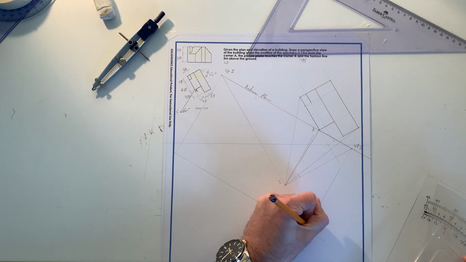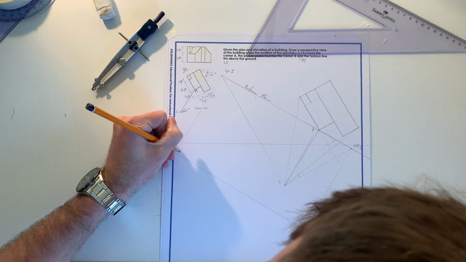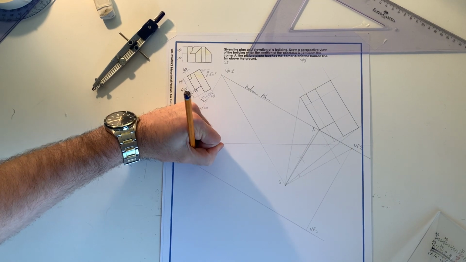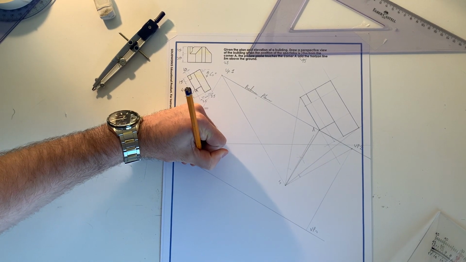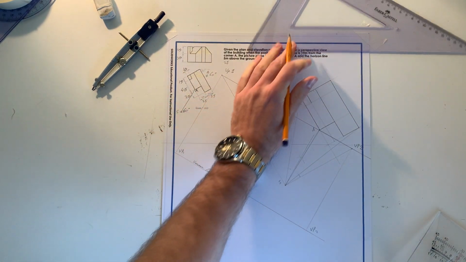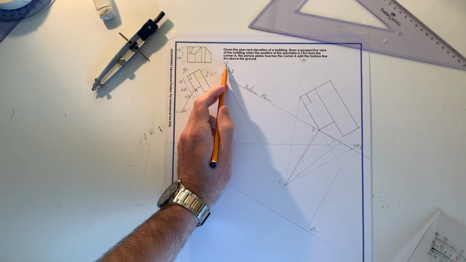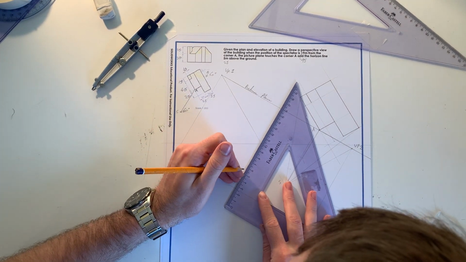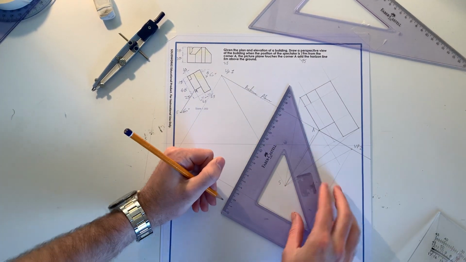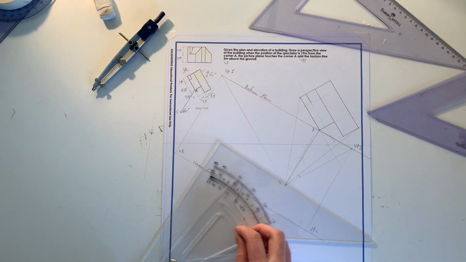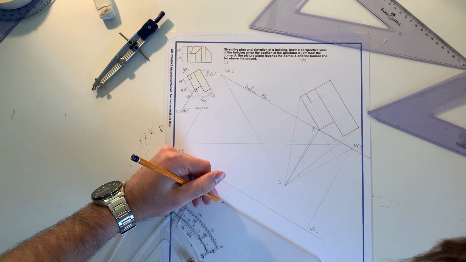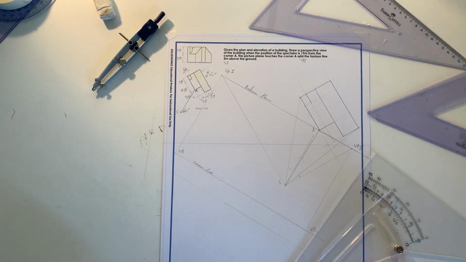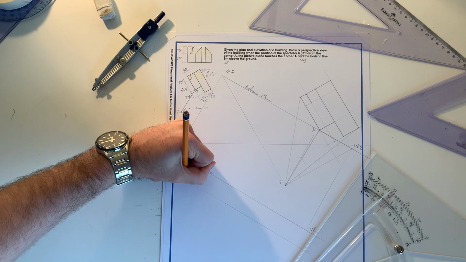So it's going to be VP2 and this is going to be VP1. This is going to be our horizon line. Now, according to the question, our ground line is going to be 25 millimeters below that. Like so. And this is going to be our ground line.